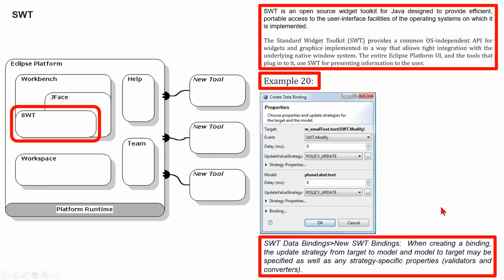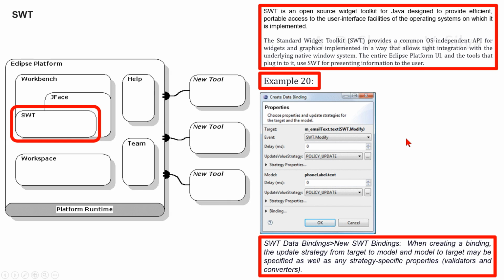New bindings are created by selecting a target, a target property, a source or source property, and clicking the bind button.